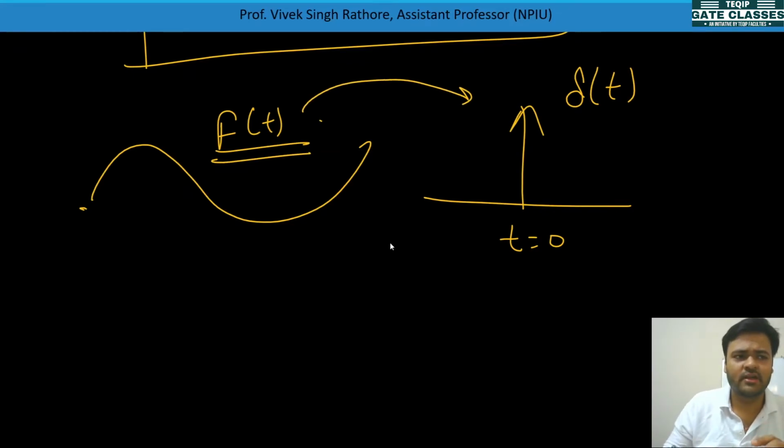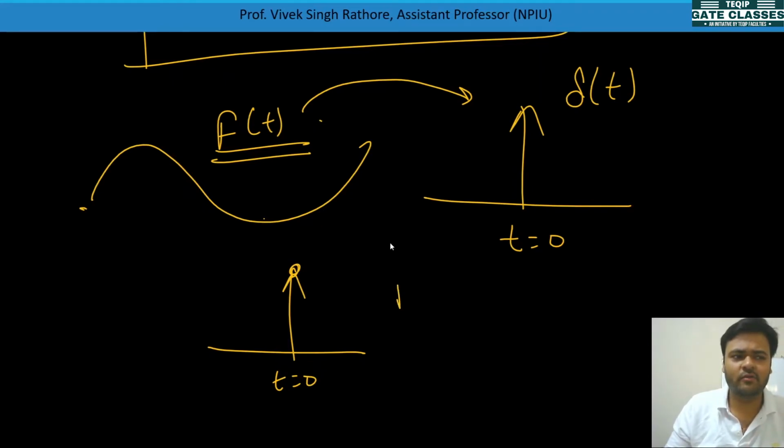Multiplication means all the other parts will be multiplied with this, and at t not equal to 0, delta t is equal to 0, so all values are 0 and nothing will happen. At t equal to 0 only, this value exists. So whatever f(t) is, the point will exist only at t equal to 0, but with the value of f(t) at t equal to 0.